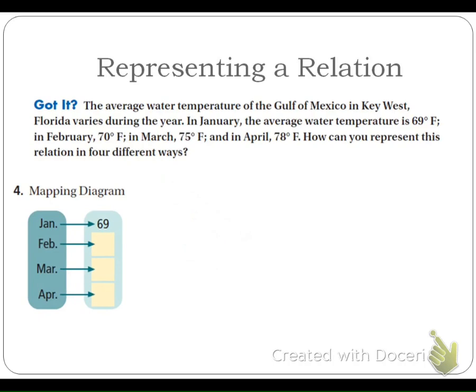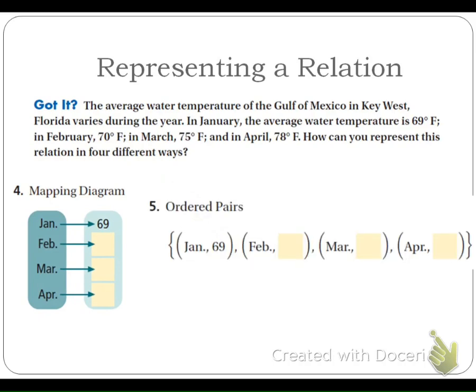Well, it's set up there, 70 degrees. Our story up at the top is how we represent this relationship in words. So this is an example of mapping. You'll see arrows. Another way you can represent the data is with ordered pairs. You see the months are your X values, and the degrees or the temperature are your Y values.